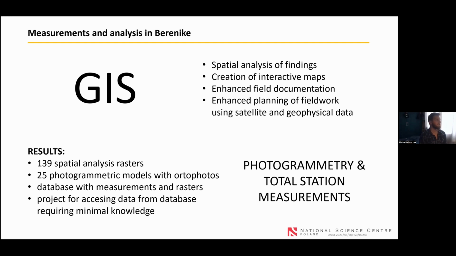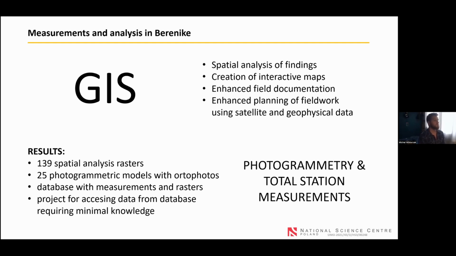We use GIS heavily, which allows us to do spatial analysis of findings and create interactive maps that really help in analyzing the patterns inside the trenches and seeing how the objects are spaced inside of them. Also, using photogrammetry and total station measurements, we can extrapolate, for example, the height and the dimensions of the trenches.